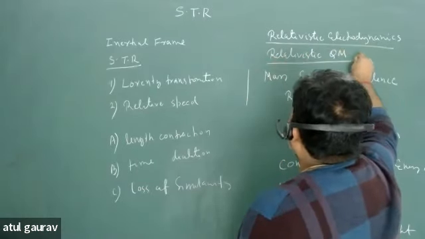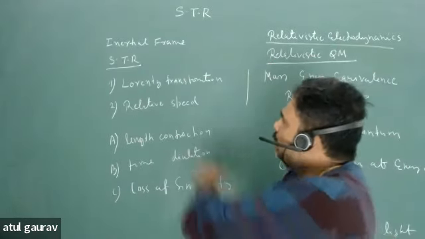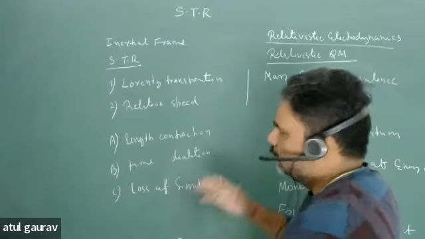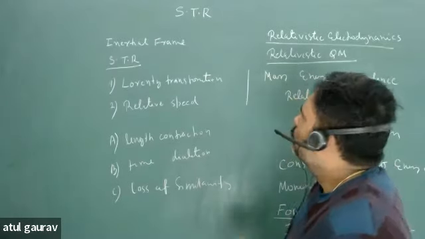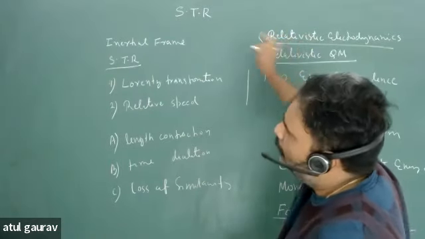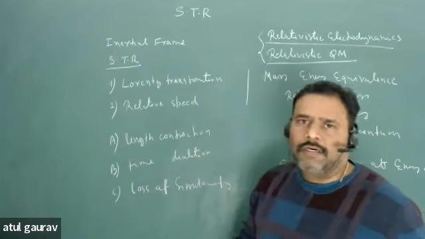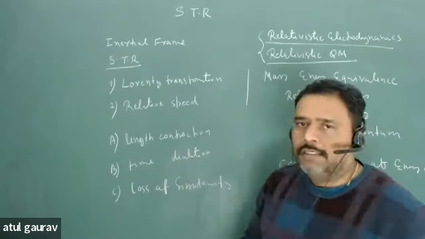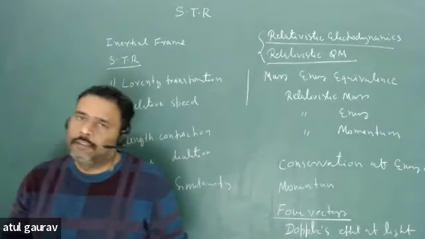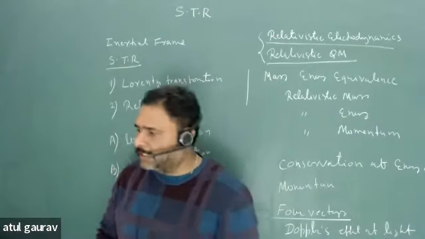This part we are going to cover in relativistic quantum mechanics. And obviously in all examinations, this topic is there. This is not mainly for JAM, but for NET, GATE, TIFR, JEST, everywhere, anything can be there. So you have to prepare according to your syllabus and your need. Okay. So this is all about the course structure.